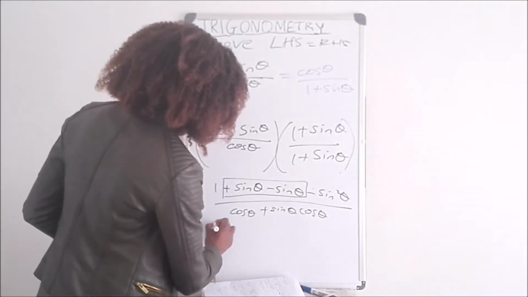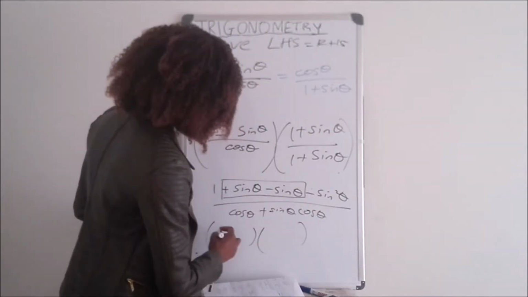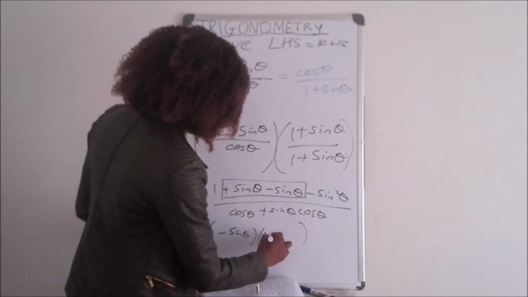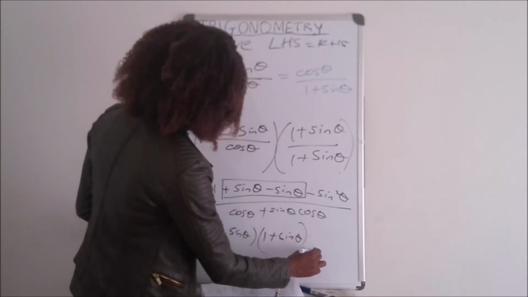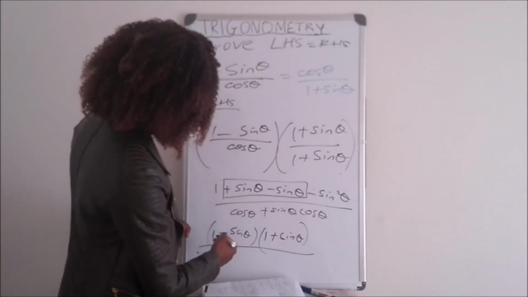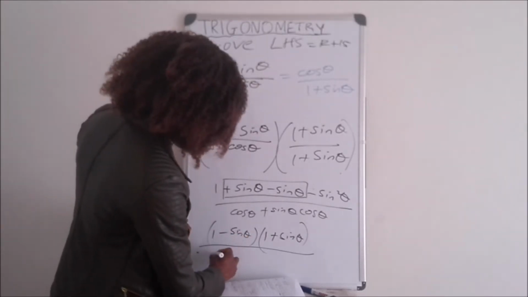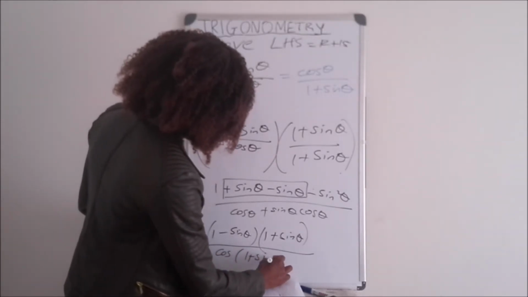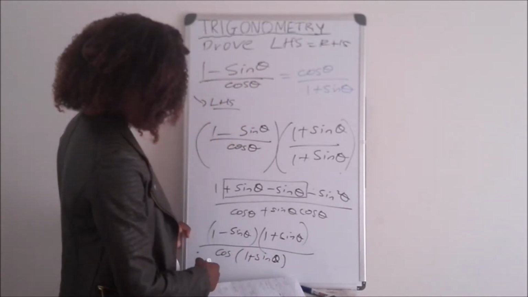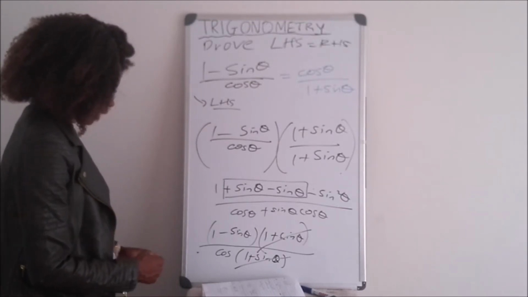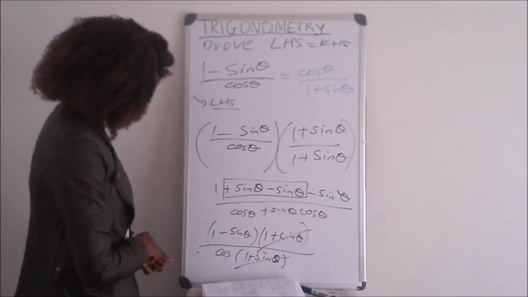That means we just have to factorize the numerator to have 1 minus sine theta into 1 plus sine theta, and divide by, taking out a common factor, cos into 1 plus sine theta, of which 1 plus sine theta will cancel out and we'll be left with 1 minus sine theta divided by cos theta.